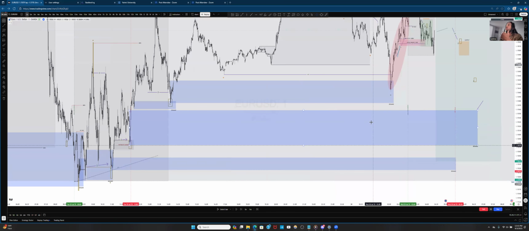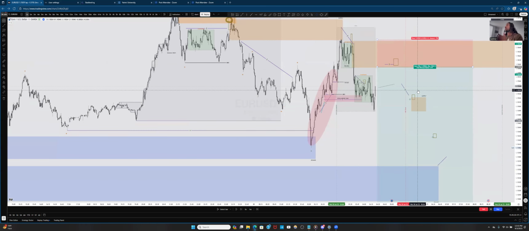I didn't want to say this zone will be respected simply because I have a long trend line here that price built from this POI. So I would at least want to see price react from this zone by taking enough of the trend line to come back, mitigate somewhere here and then push lower, or take the entire trend line. Either way, I was okay with just getting my 1 to 5. 1 to 3, I didn't even take partial. I just did full TP at 1 to 5.